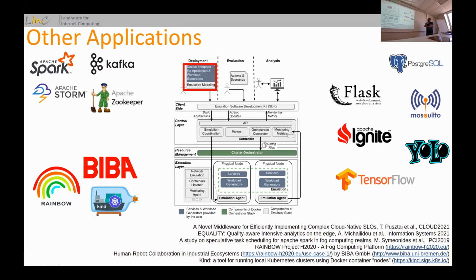We have utilized Fogify for testing big data engines like Spark, Storm, etc. We also have partners that utilize Fogify in order to evaluate use cases like human-robot collaboration in an industrial IoT environment, and some works that utilize Fogify to examine service placement and task placement in a fog geo-distributed environment.